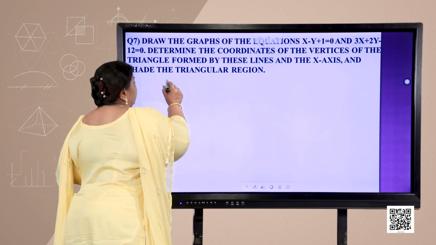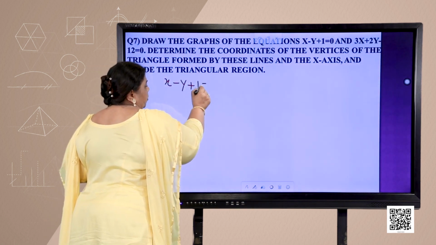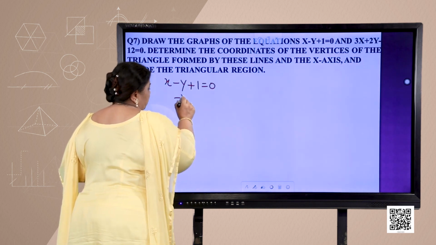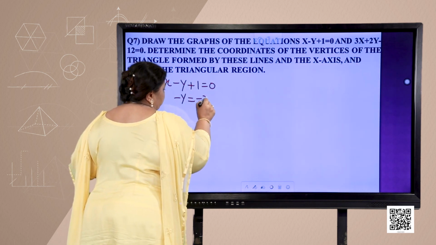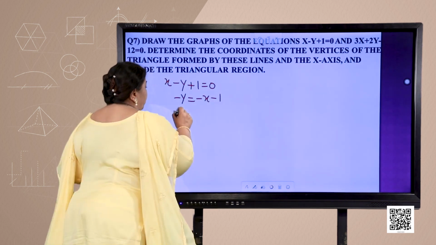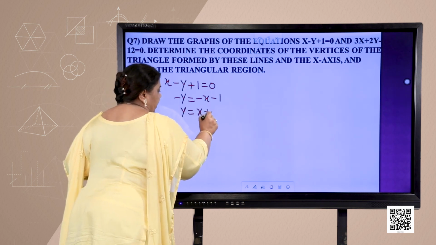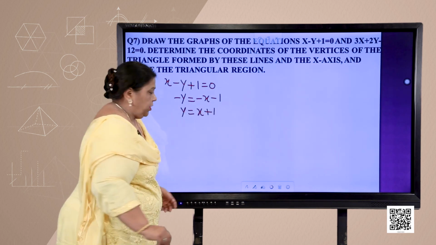First equation is x minus y plus 1 is equal to 0. So, minus y is equal to, if I take x and 1 to other side, signs will change. Now, if I multiply throughout by minus 1, I get y is equal to x plus 1. Simple equation.